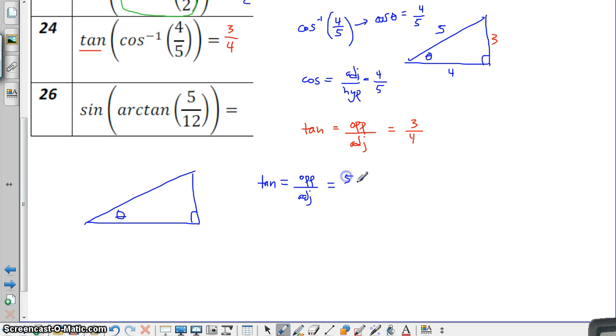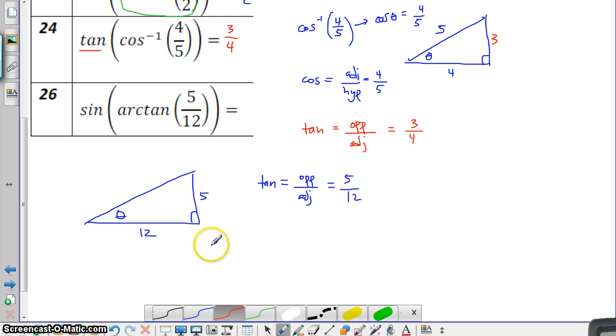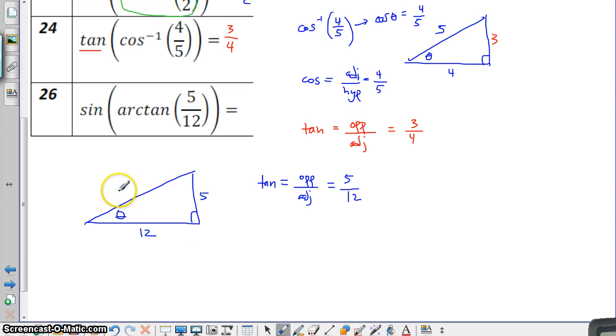So that means that's going to be 5/12, opposite side being 5, adjacent side being 12. And then what I can do is find the missing side using the Pythagorean theorem. So I'm going to say that the missing side x squared is going to be 5 squared plus 12 squared, which is 25 plus 144, which is 169.